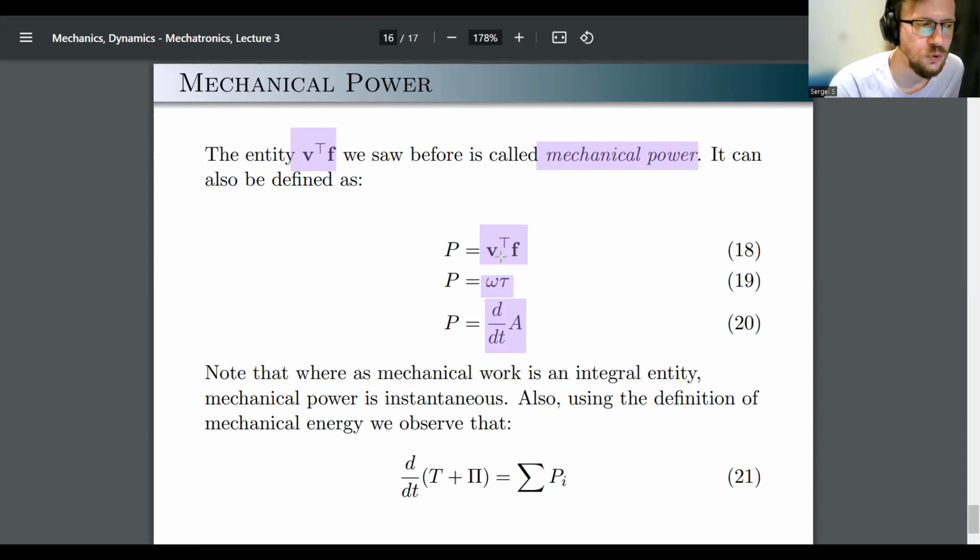So it's very important to realize that work is not something that you can compute for each point of time. Instead, you compute it on an interval of time, while power exists at each point of time. So these are important relations. But power is also always a scalar, same as work, because power is essentially a derivative of work. So just things to keep in mind.